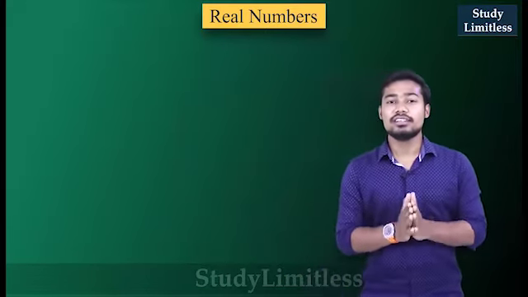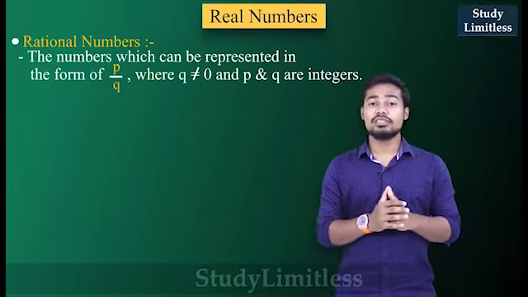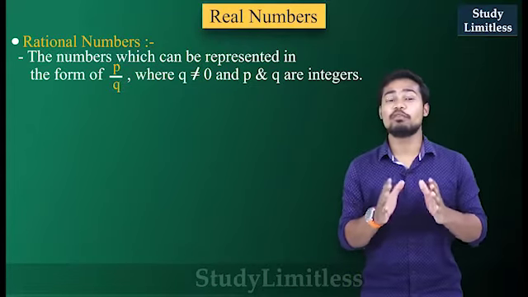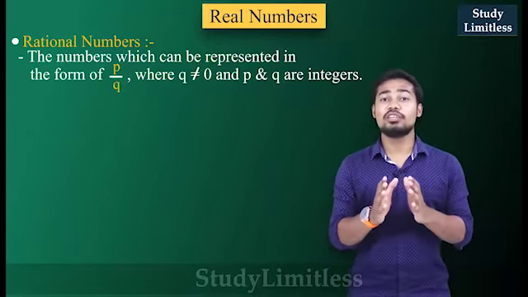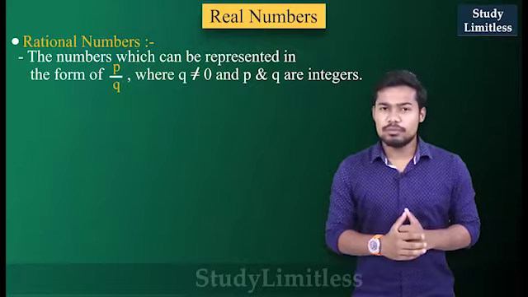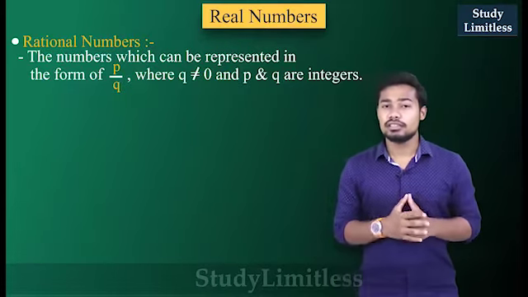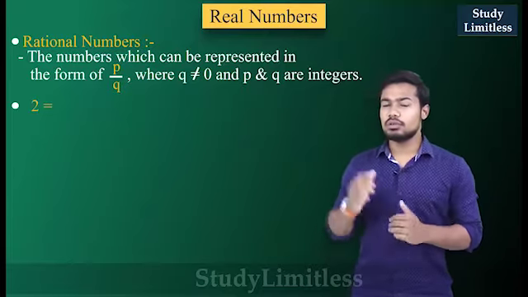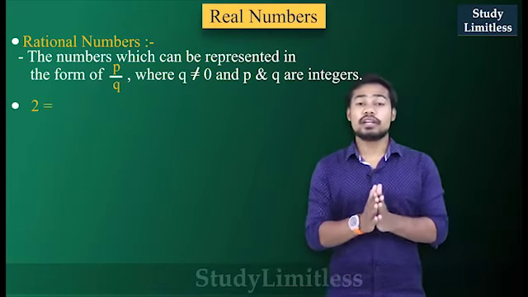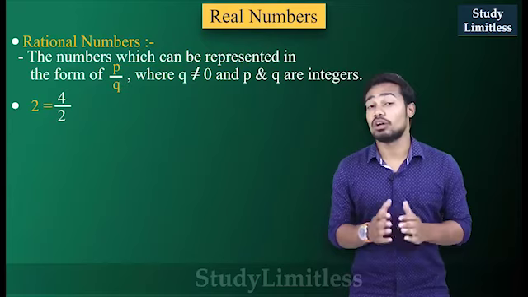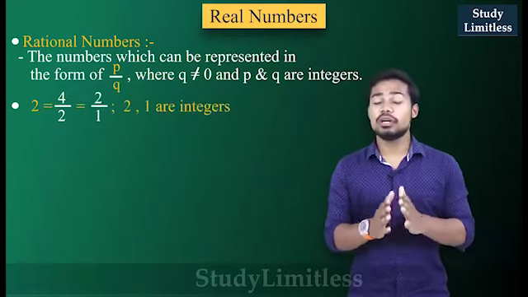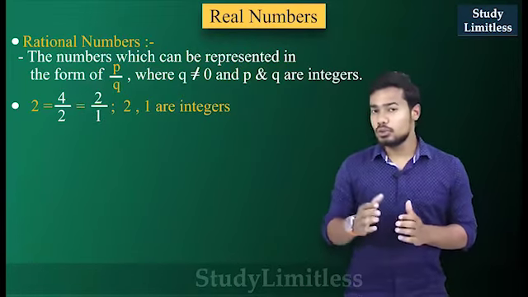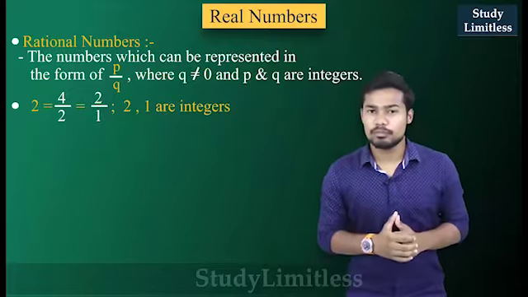So, according to the definition, the rational numbers are the numbers which can be represented in the form of p by q, where q is not equal to 0 and p and q are integers. For example, if I take the number 2, 2 can be represented as 4 by 2 or 2 by 1. That means 2 and 1 both are integers here and q, that is 1, is not equal to 0.